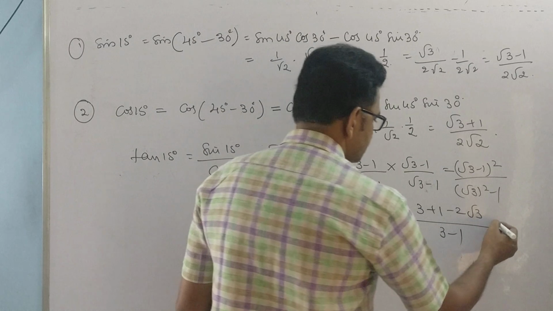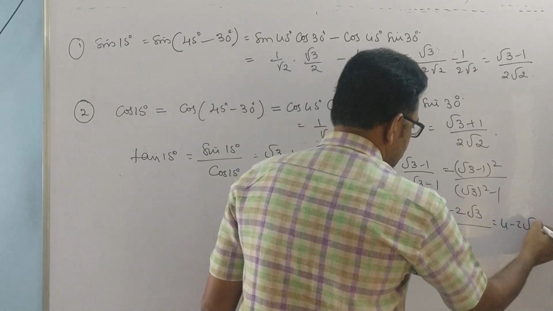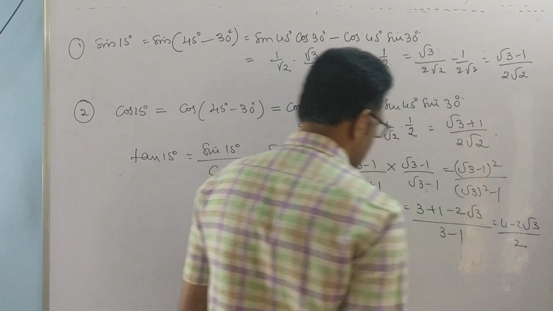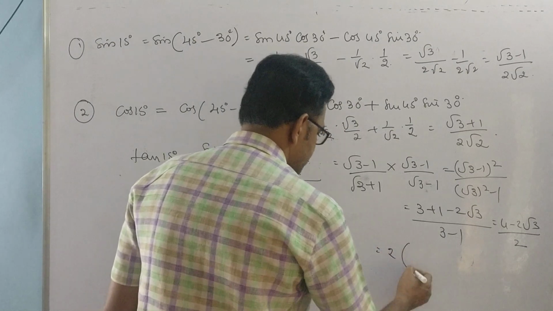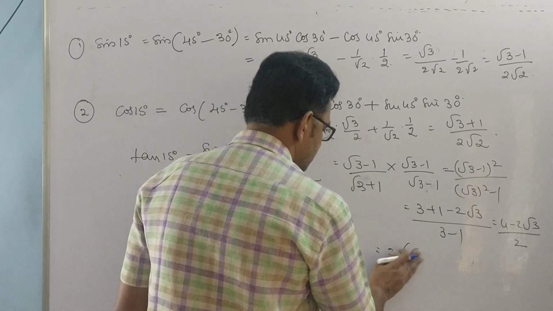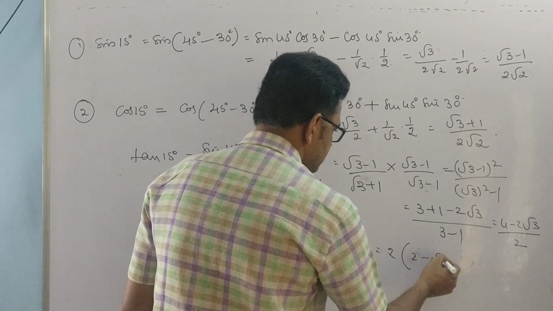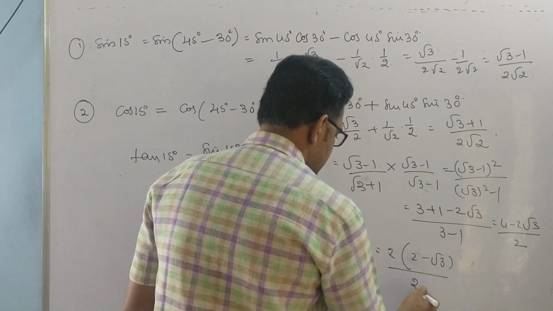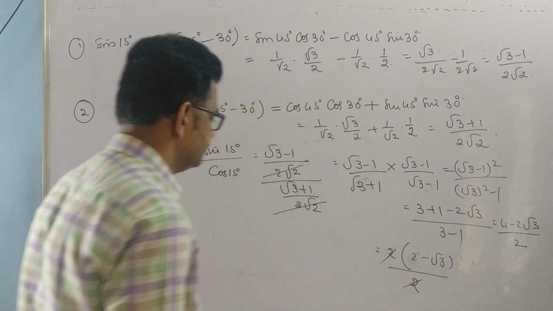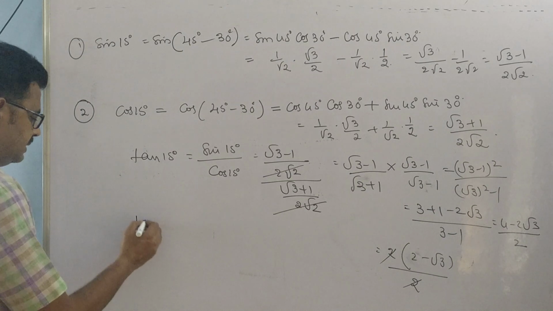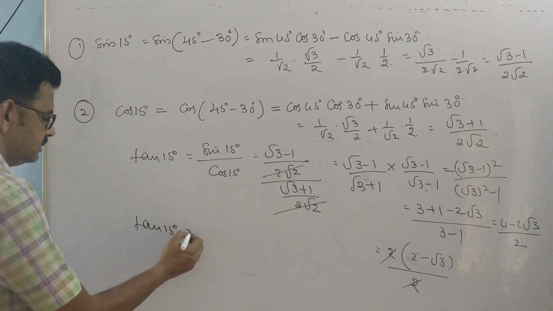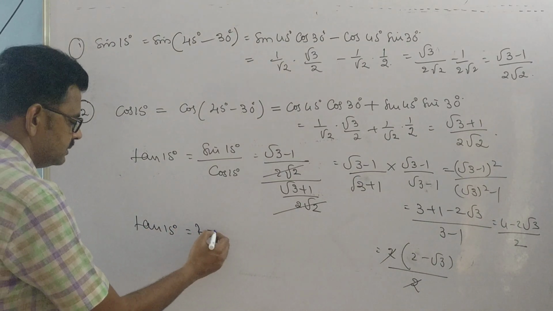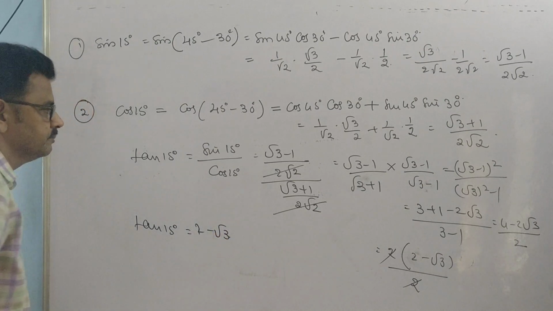That is equal to 4 minus 2 root 3 by 2. If 2 is taken common, that is 2 minus root 3 by 2. So these two get cancelled. Therefore tan 15 degrees is equal to 2 minus root 3.